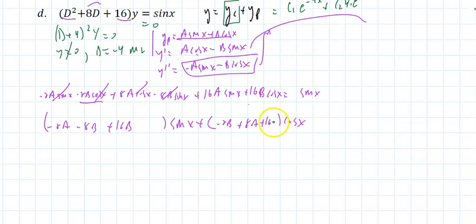Plus 16b here in front of a sine, that should have been 16a. Okay, and that equals sine of x.